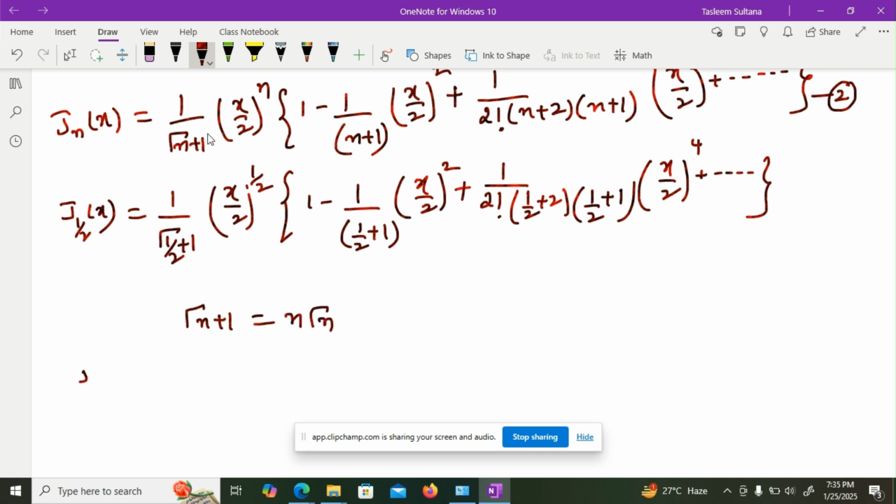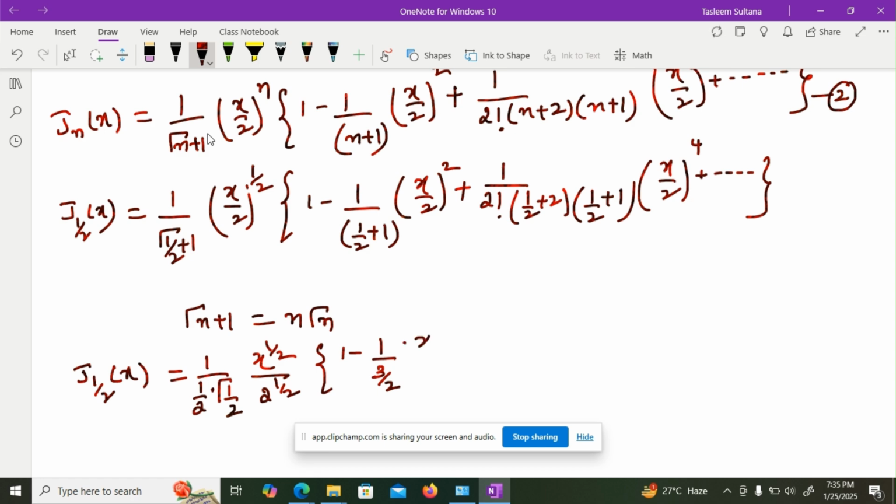So J of half of x is equal to 1 divided by 1 by 2 into gamma 1 by 2, x to the power of half divided by 2 to the power of half, times 1 minus 1 divided by 3 by 2, x square by 2 whole square, then plus 1 divided by 2 factorial, 5 by 2 into 3 by 2, x to the power of 4 divided by 2 to the power of 4, and so on.